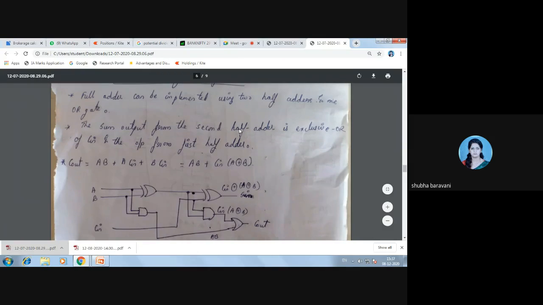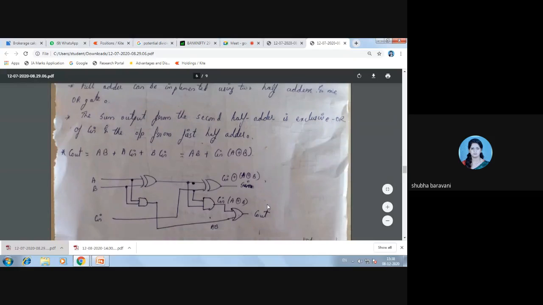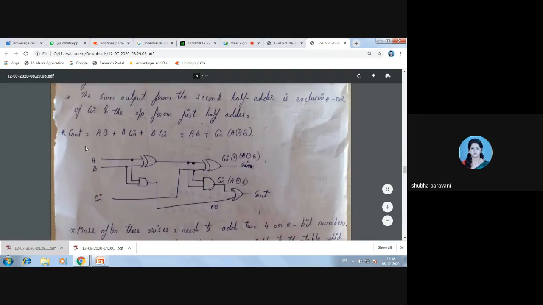So full adder can be implemented using two half adders and one OR gate. Okay, I need an OR gate at the output to get the C out. Now the sum output from the second half adder is exclusive OR of C in and the output from the first half adder. So what I'll do, see, this is my first half adder.